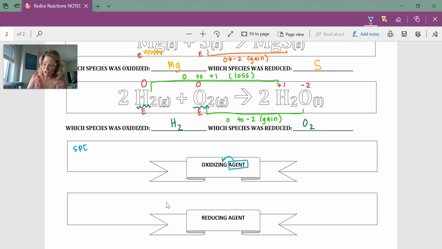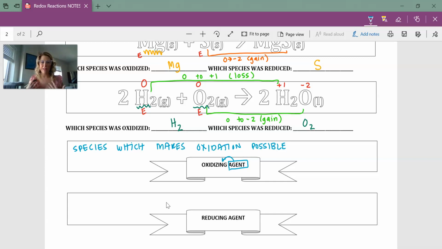So it's the species which makes oxidation possible. And which species makes oxidation possible? Well, in order for something to be oxidized, it has to lose electrons. If it has to lose electrons, then who's it losing those electrons to?